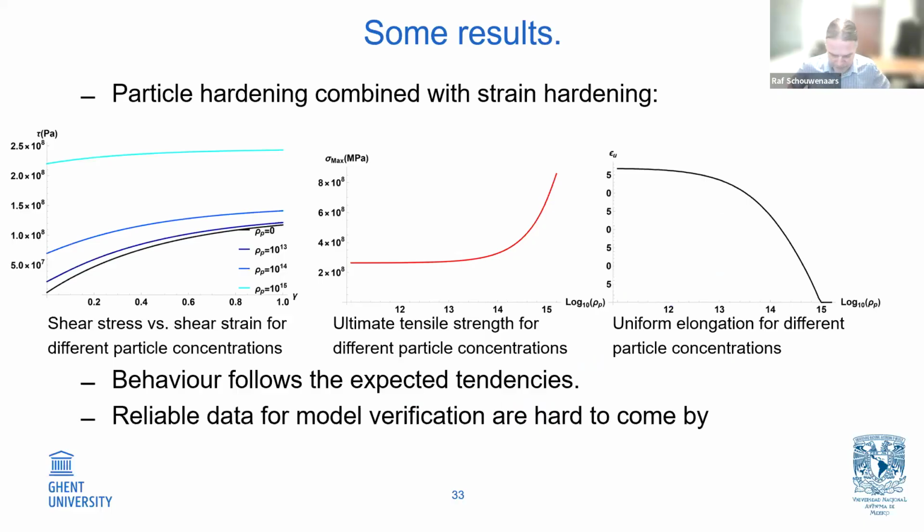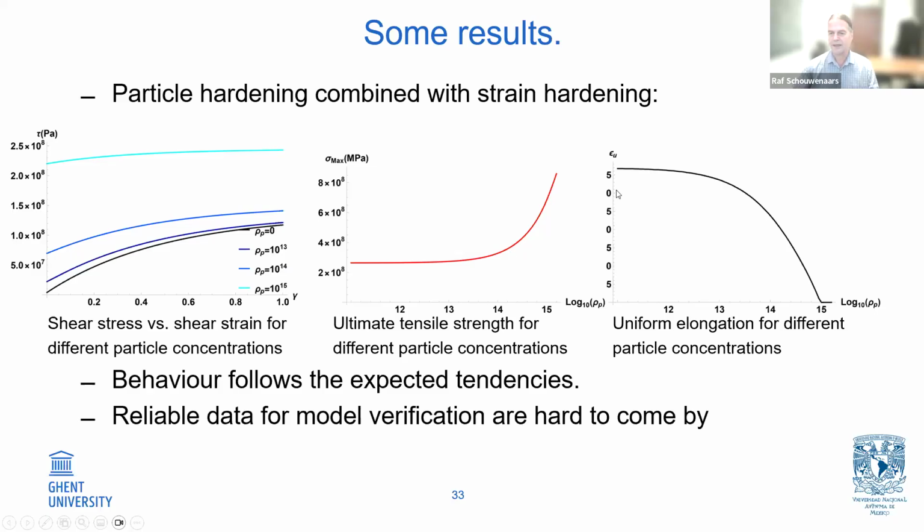Now, using the particle terms in the Taylor equation, we find that indeed it tells us what we expect. At low particle densities, we will see no effect at all. And as the particle density goes up, we can predict different curves. The yield strength, the ultimate tensile strength, which I calculated here, goes up sharply once we go over a critical density of particles.